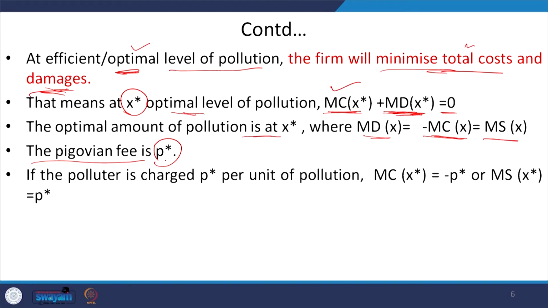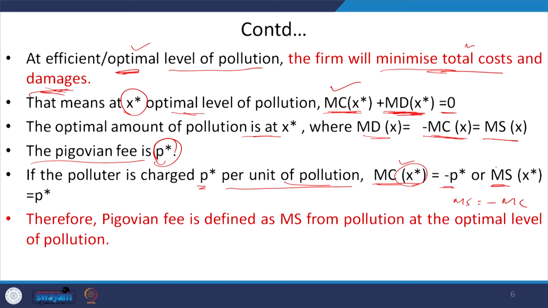If this Pigouvian fee P star is charged per unit of pollution, then the marginal cost of producing pollution at X star would be equivalent to minus P star, or the marginal saving at the optimal level of pollution is equivalent to P star, because the marginal saving is equivalent to minus of marginal cost.